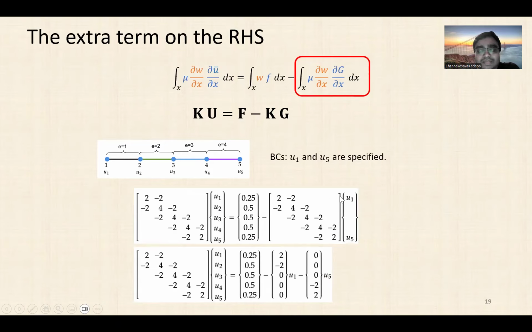So what we do is take the corresponding column: for U1 the corresponding column is the first column, multiply it with U1 and subtract it. For U5, we take the last column, multiply it with U5 and subtract it. In this way, the computations become efficient. We take only those columns for which the solution is specified, which are on the boundary.